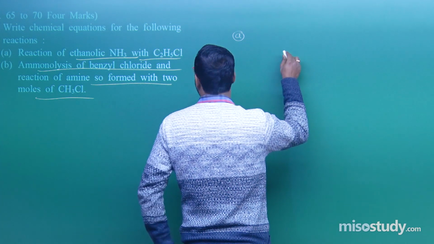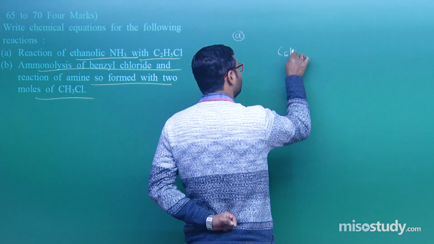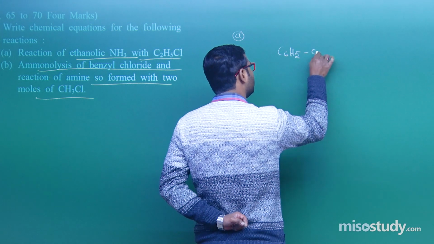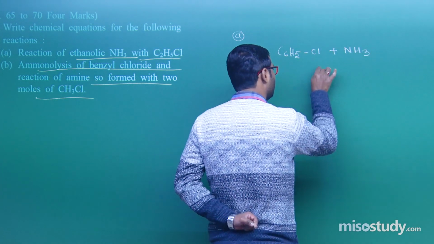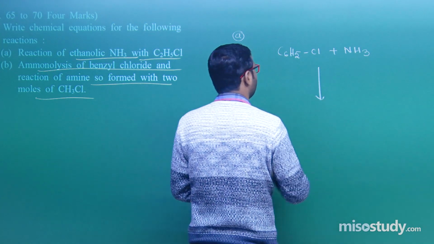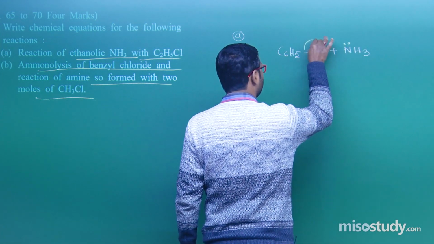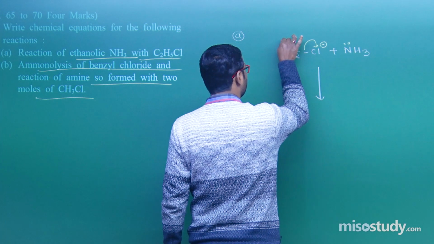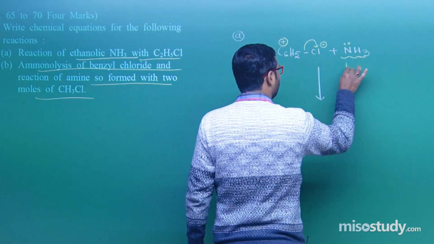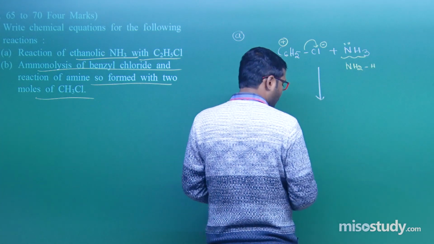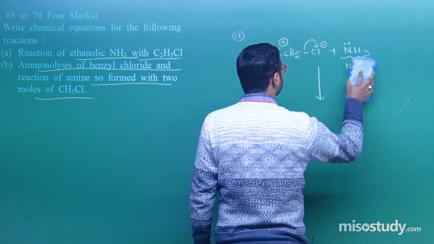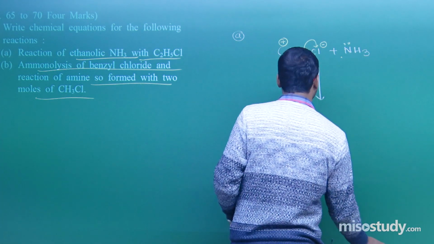Ammonolysis of benzyl chloride: C6H5Cl when treated with NH3. What do we get here? Similarly, this one negative, this one positive, then we write here NH2 H, but here we will get the byproduct NH4Cl, not HCl.